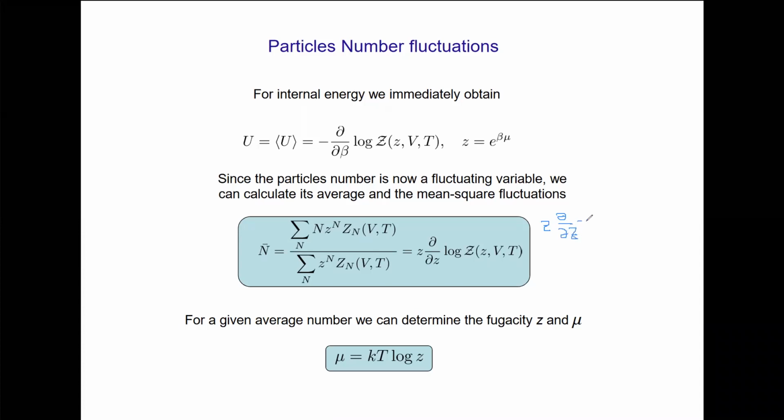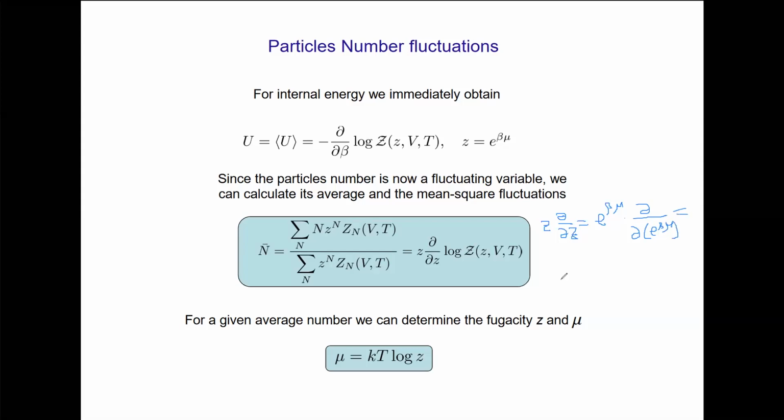z is equal to exponential of beta mu, d over d of exponential of beta mu. Now beta is a constant.